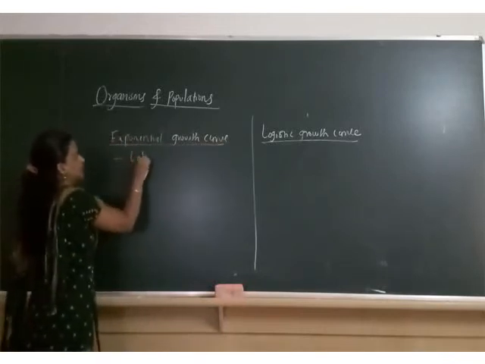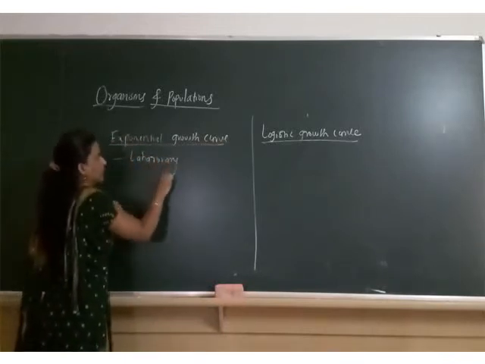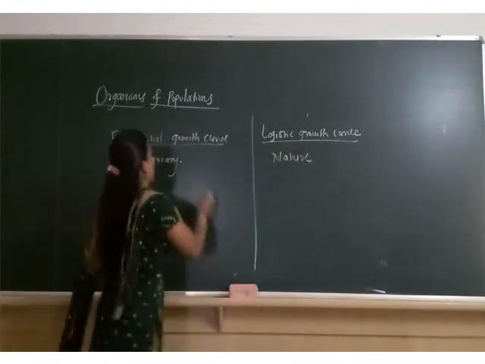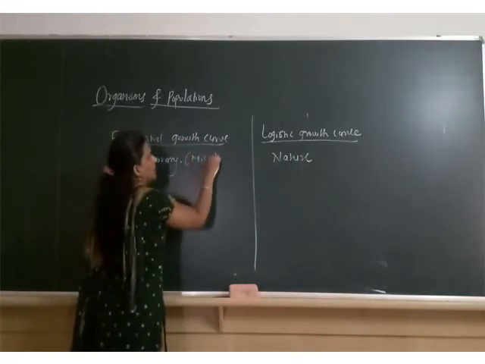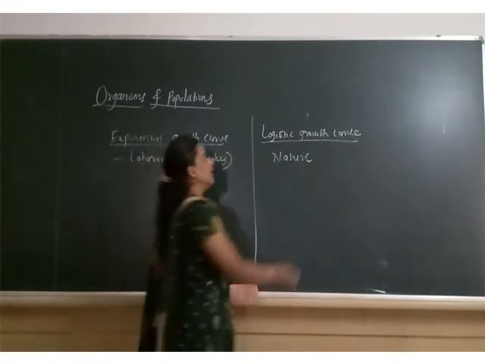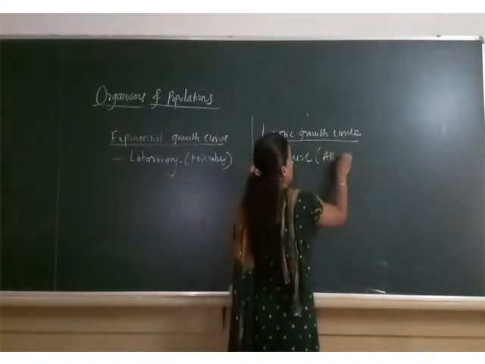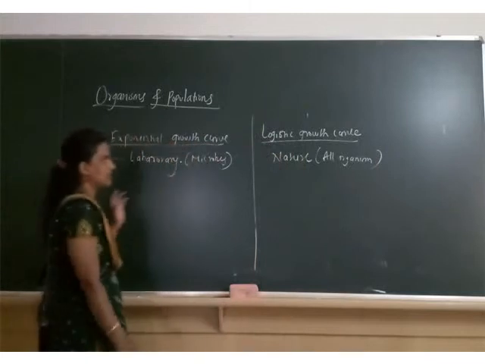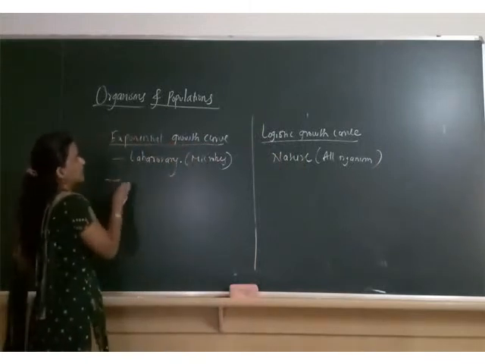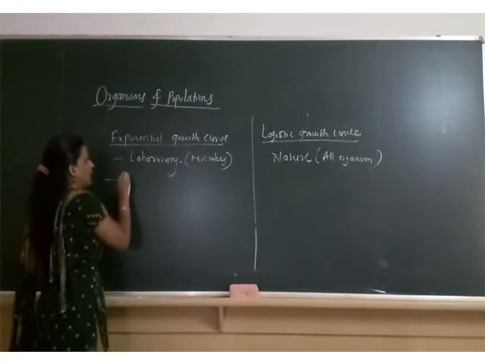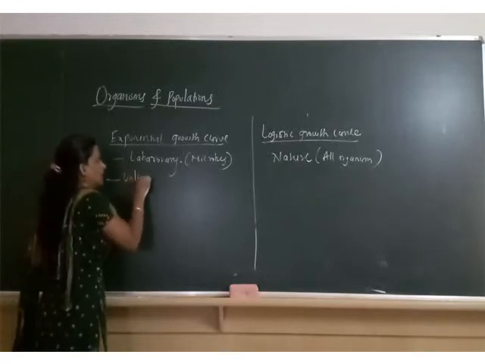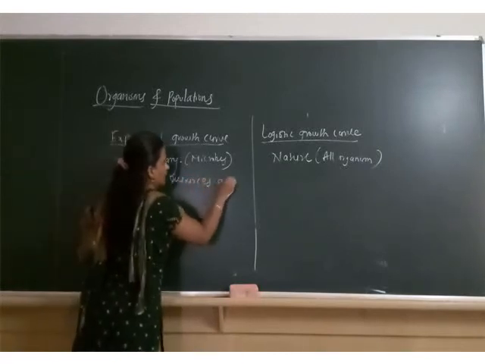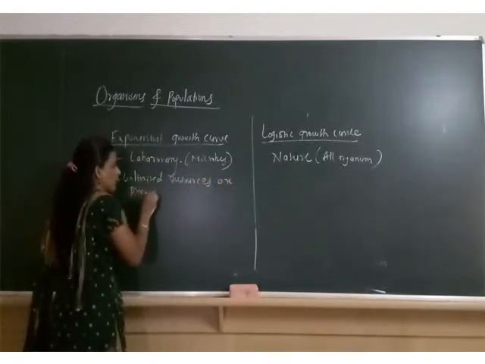Exponential takes place in the laboratory. Logistic takes place in nature. Almost only microbes are present here. Here all organisms are present, and all organisms are going to grow. Second, in exponential, unlimited resources are provided.